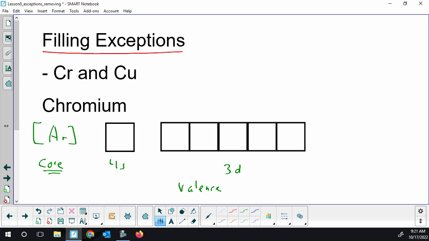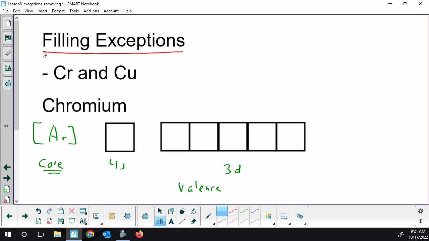So how many electrons should I put in? We've already done argon, so we start with potassium. 1, 2, 3, 4, 5, 6 more electrons are needed to get to chromium with atomic number 24.